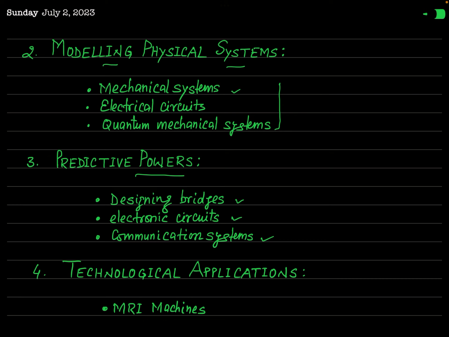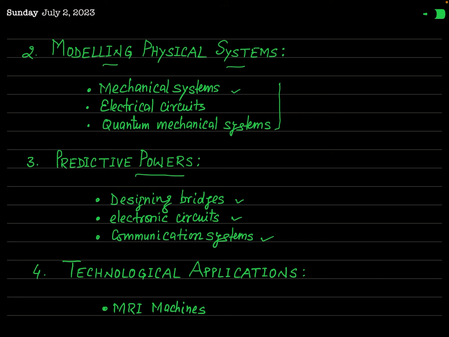Now, actually, this study of waves and oscillation has also technological applications. Okay. When you say technological applications, you can see the study of oscillations and waves underpins many technological innovations.